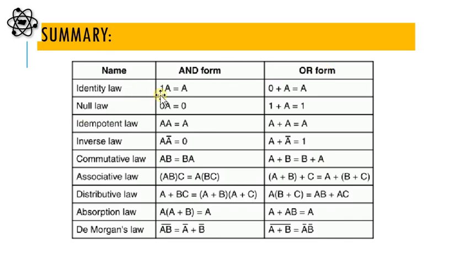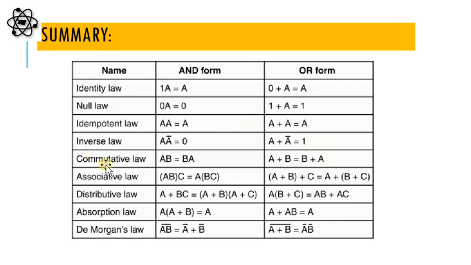Identity law says 1 dot A is equal to A, 0 plus A is equal to A. Null law says 0 into A is equal to 0, 1 plus A is equal to 1. Idempotent law says A into A is A, A plus A is A. Inverse law: A into A bar is equal to 0, A plus A bar is equal to 1.